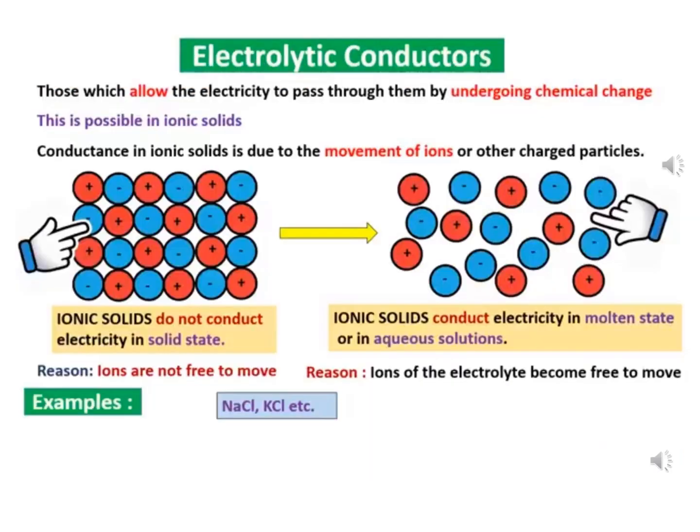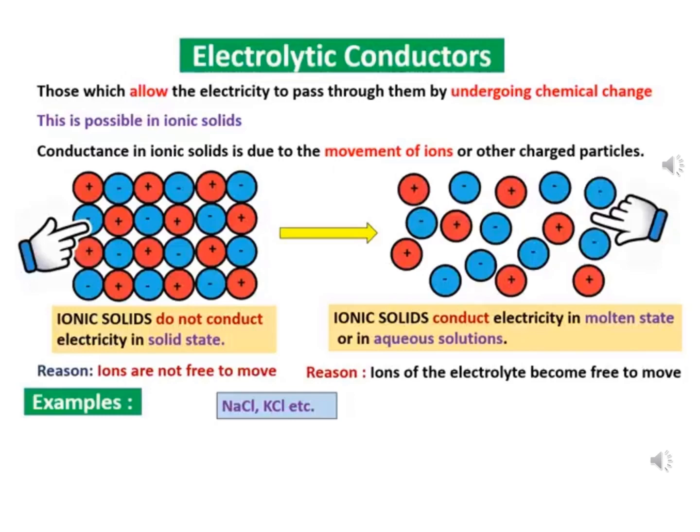The other type of conductors: we said that we can divide conductors into two types. One is metallic conductors and the other is electrolytic conductors. In the case of metallic conductors, electricity can pass through them without any chemical change, and that conductance is due to the free movement of electrons.